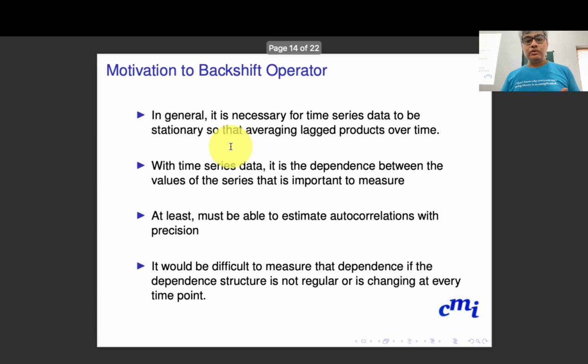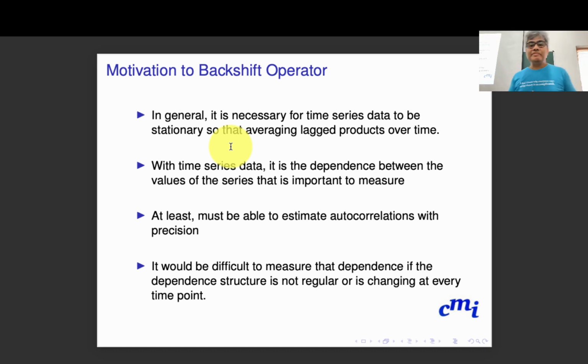So let us see what is the motivation of the backshift operator. It is necessary for time series data to be stationary, so that the averaging of lag products over time works. So we need to bring the lag variables into our models. So this is number one.